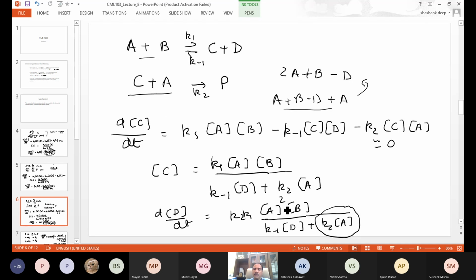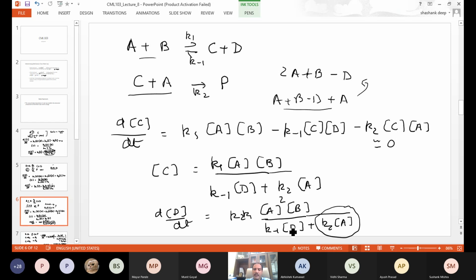The composition should be A square into B. This should be the whole composition: A plus B minus D plus A. And that's what you get from here.